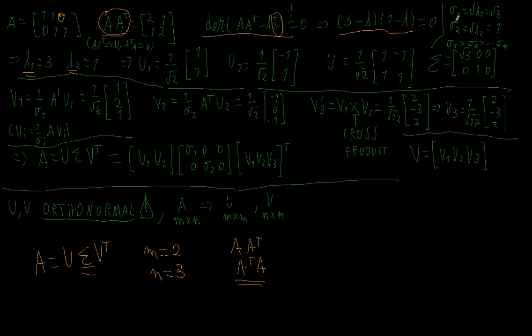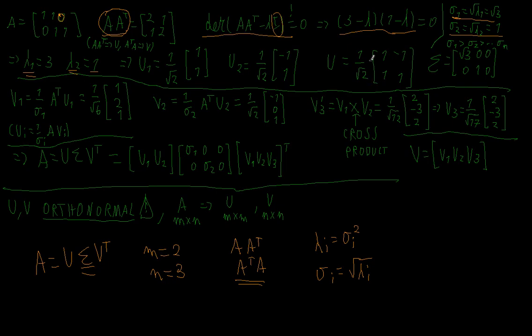So our singular values will be the square root of those eigenvalues, because remember that lambda sub i is equal to sigma sub i squared. So sigma sub i is equal to the square root of lambda sub i. So sigma sub 1 will be the square root of 3, and sigma sub 2 will be the square root of 1, so simply 1.